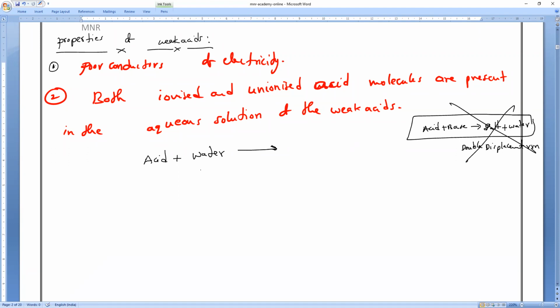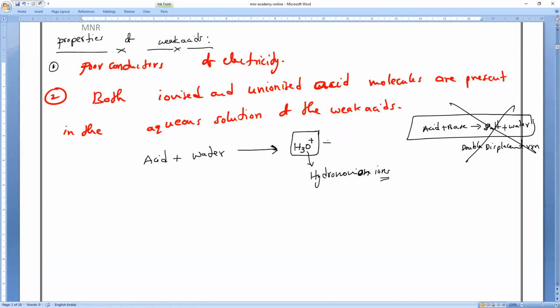So remember all of you, if acid is dissolved in water, the aqueous state, it will form H plus ions. But here I am not writing H plus ions, I am writing H3O plus ions, which we call hydronium ions. Later I will tell you how H plus ions form hydronium ions.